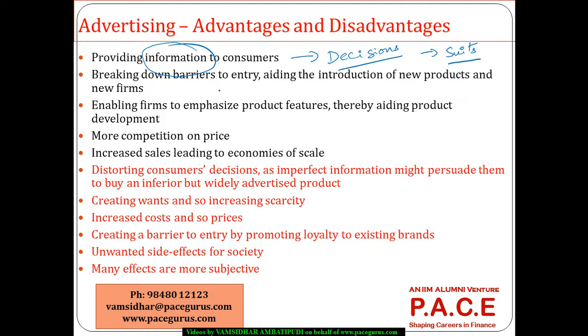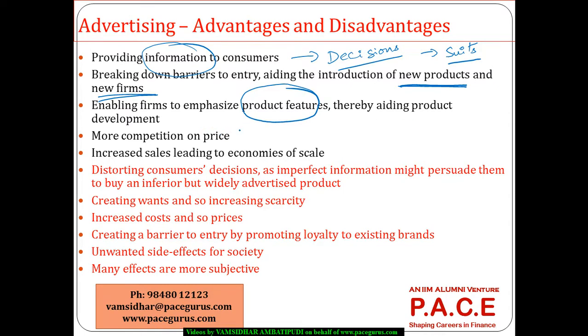And this advertising helps in making sure that even the new products that the companies have introduced get communicated, and even the new firms that are coming up can communicate their products quite comfortably to the customers. And the detailed emphasis on the features of the product can very well be done.